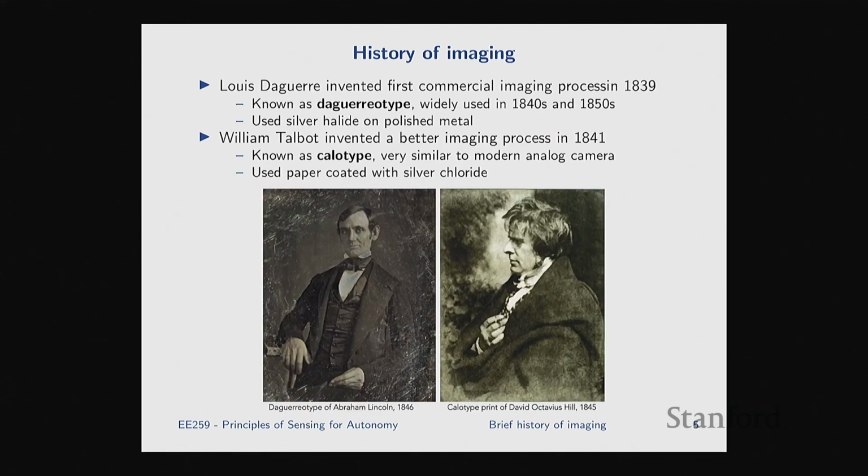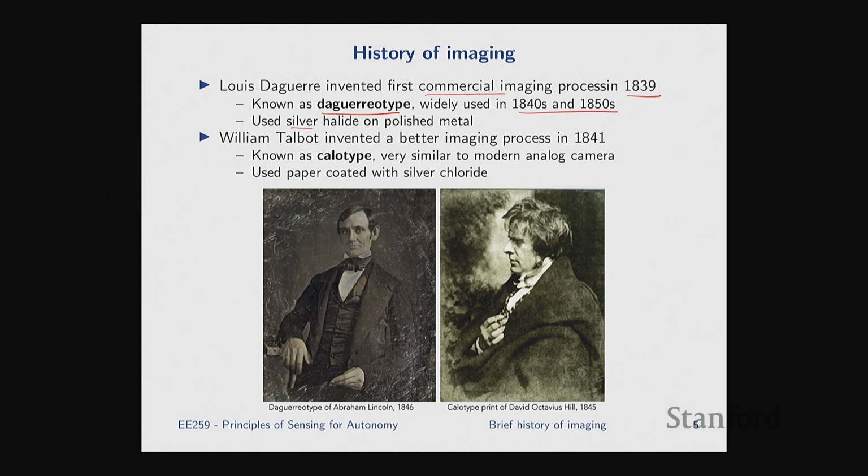Shortly after that, Louis Daguerre invented a much better imaging system that actually became commercial. That was 1839, and the photographs you get from it are called daguerreotypes. It was widely used in the 1840s and 1850s.